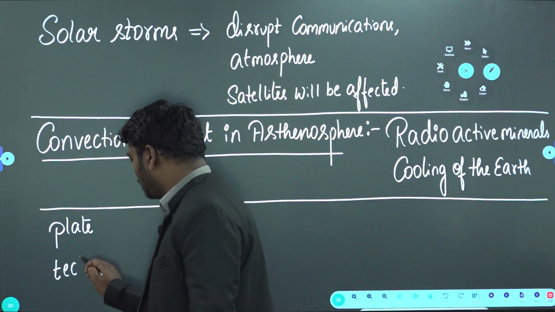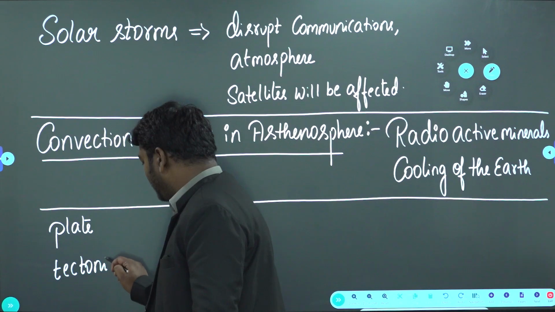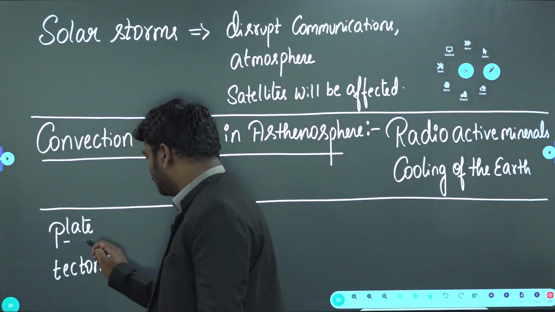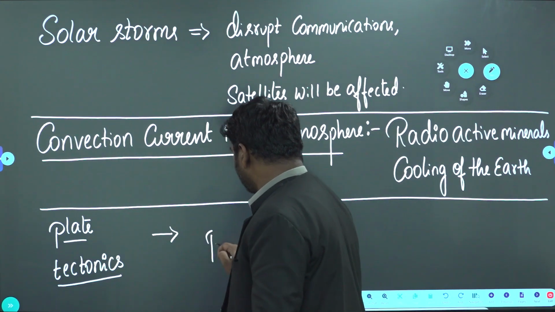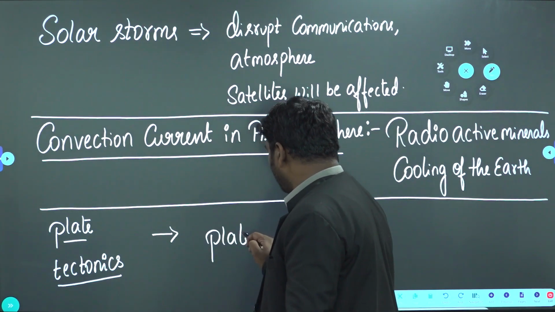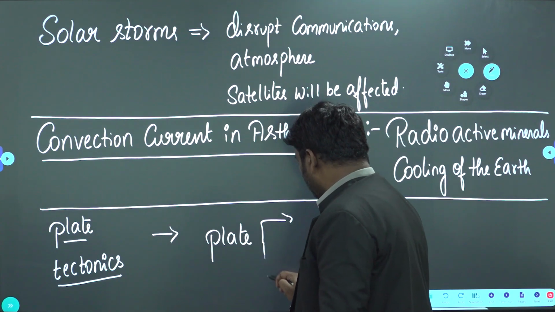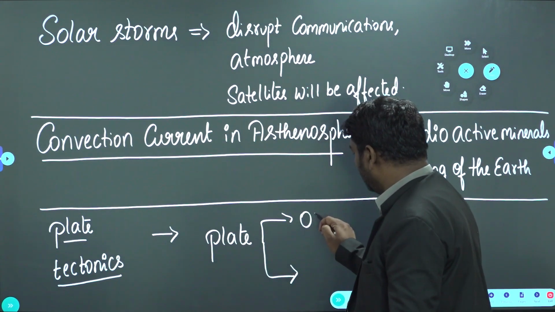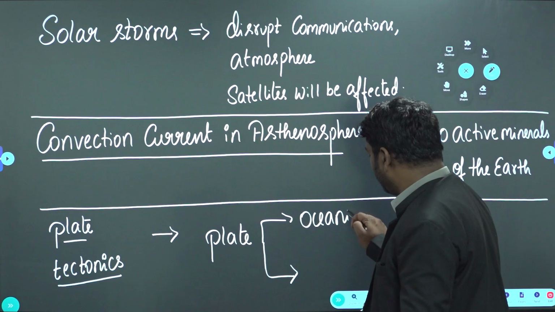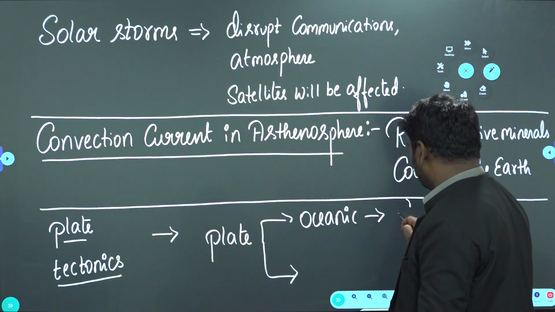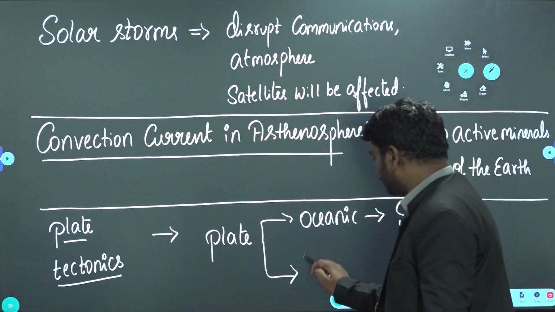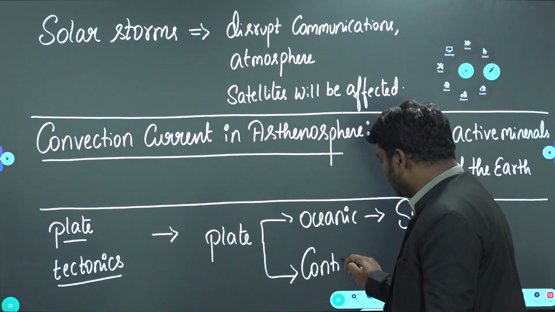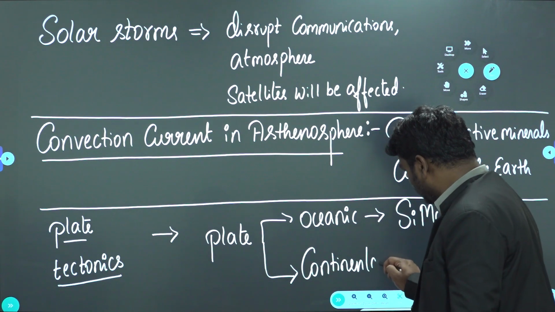Then plate tectonics. Everyone, plate. Okay. What is oceanic plate made up of? Silica and magnesium. Continental is made up of, you would have read all this.